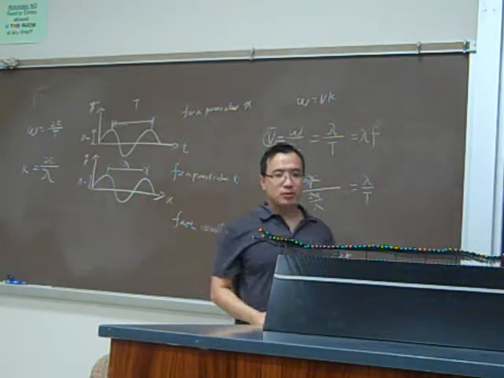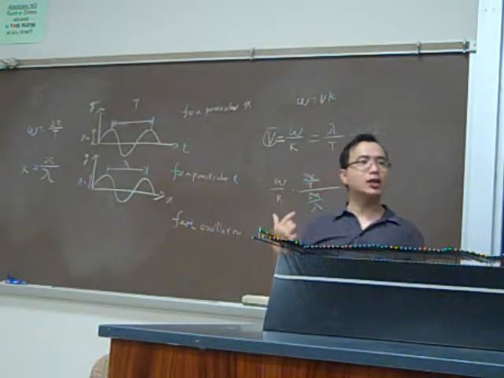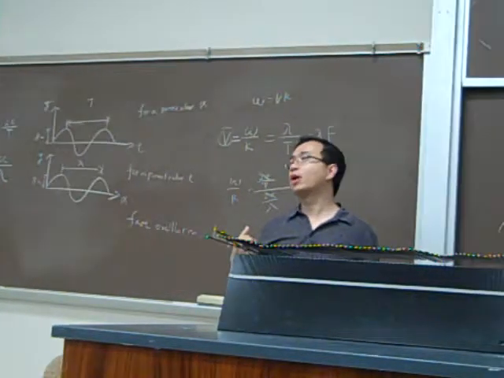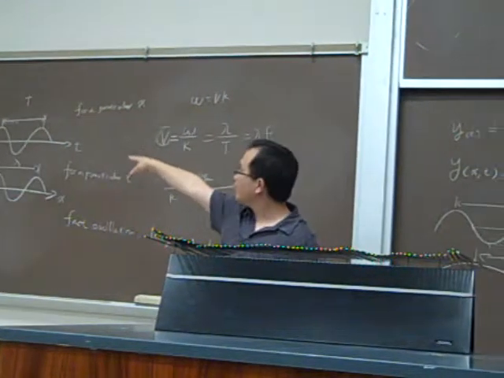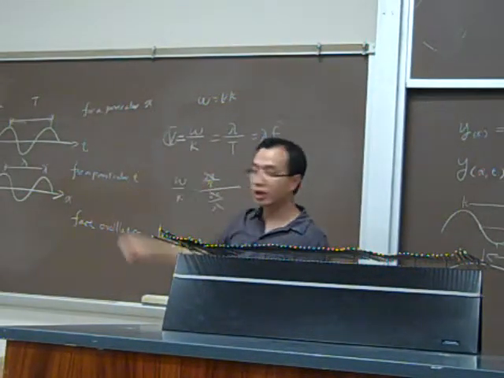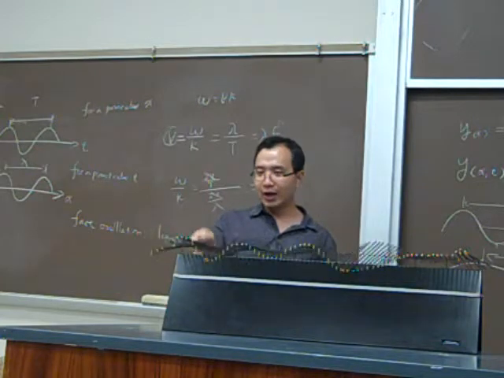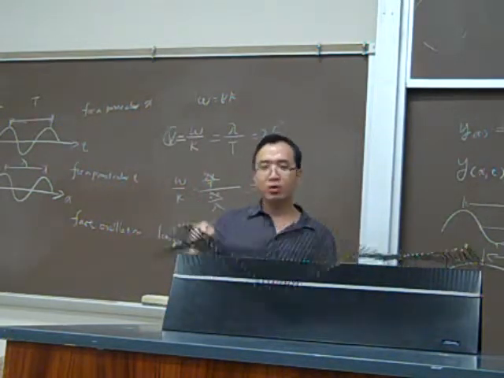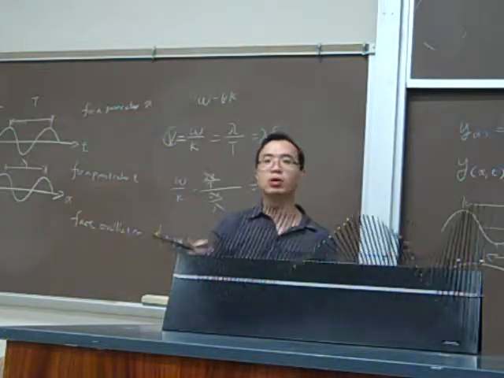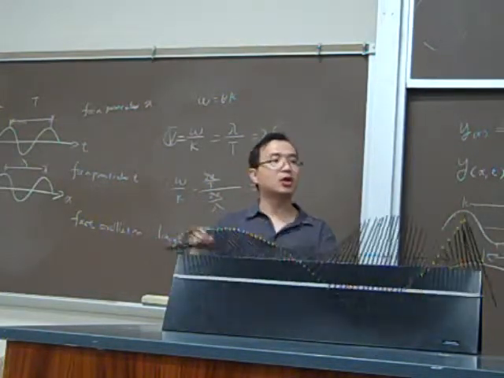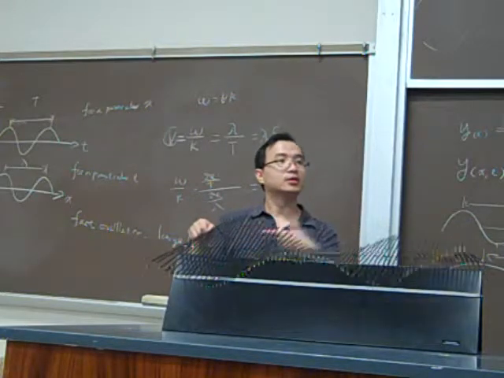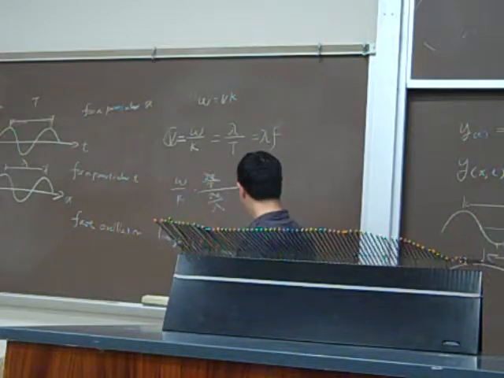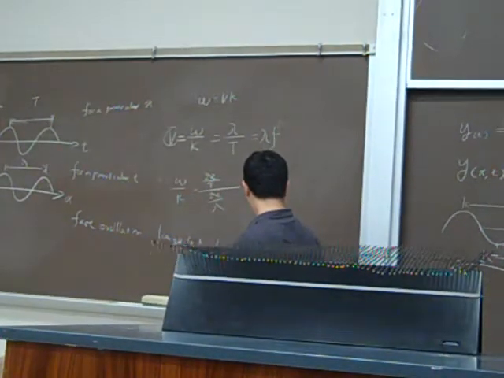Now is it correct? Large k means large lambda or small lambda? Large k means small lambda. They are reciprocal with each other up to a constant 2 pi, right? So large omega means small lambda. It's true. Small omega, slow motion, means small k, less crowded, large lambda.